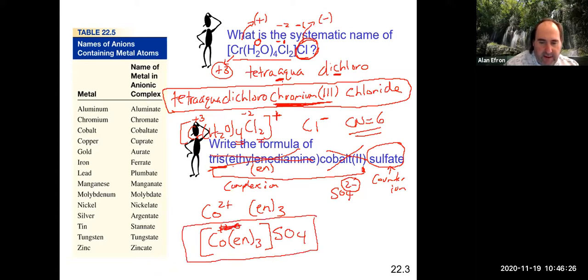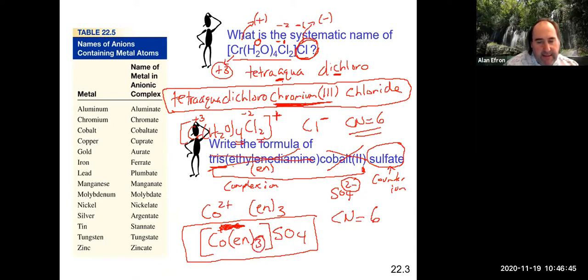And this would be our coordination compound here, our Co(en)3 SO4, just one of them there. Question on that? Coordination number here is going to be 6 in this case.